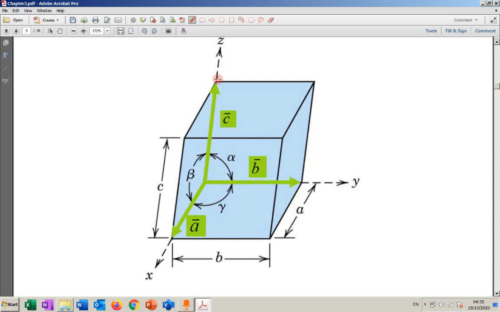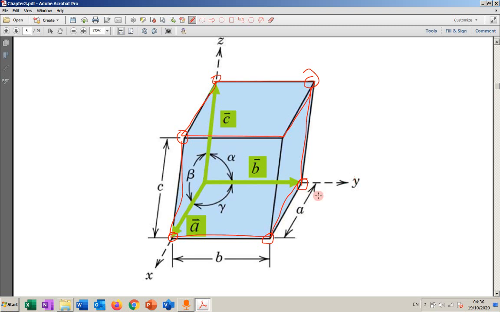For example, if you're looking at this arrangement here, we call this a lattice system. At each corner we may have an atom, and we're connecting the atoms together. We may have different lattice systems, and we will explain them in detail. But in the beginning, lattice will be used to represent the way the atoms are arranged in 3D.